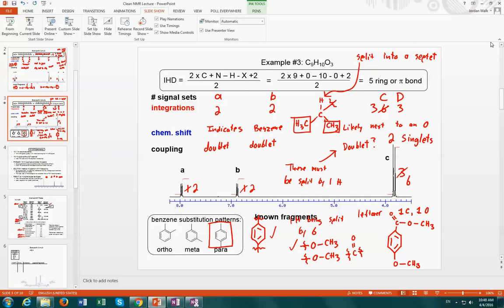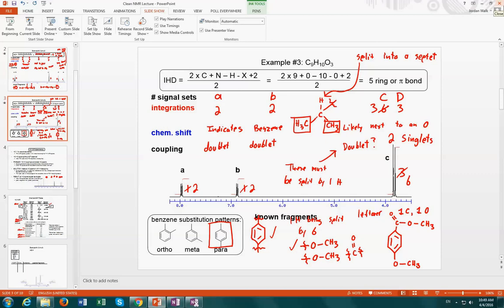It could be ortho, but if it were ortho, these protons down here would be split by their neighbors on both sides, so we would expect a triplet, but that's not what we see. We see just the 2 doublets, which is indicative of a para arrangement. Because you only have one neighbor next to it, you get a doublet.